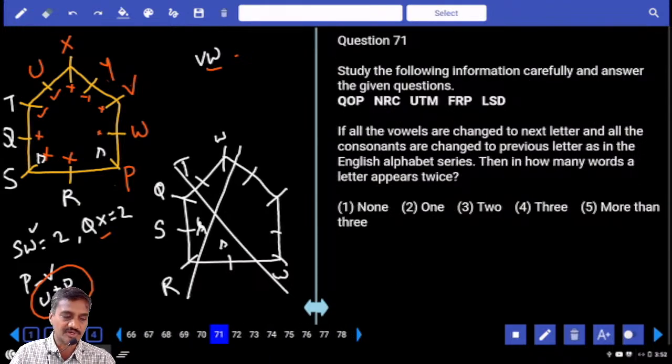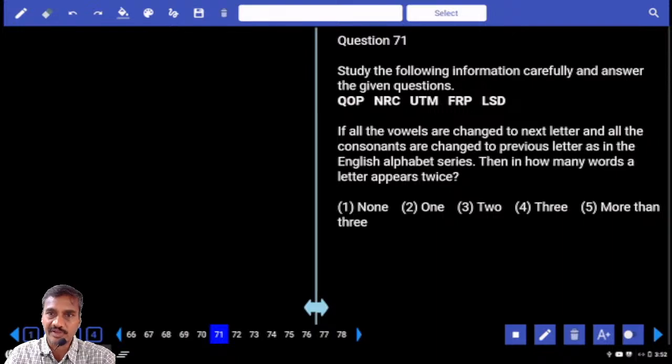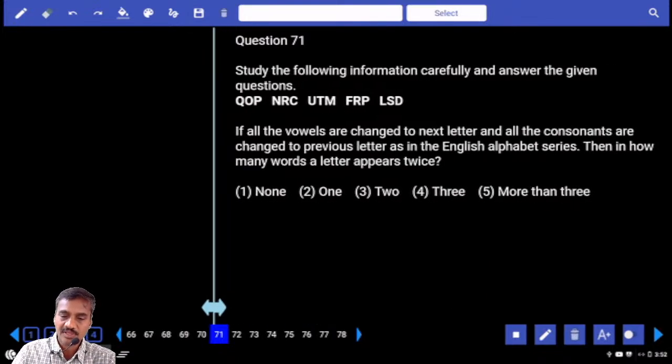Then next one, 71 onwards, it is based on set of words. Now set of words comes under the first or the second priority? Definitely under the first priority. Now in this one, in the first priority, the vowels are changed to the next letter. That means O will become P, and U will become V, and that's it. And consonants to the previous letter. Consonant Q minus 1 is what?